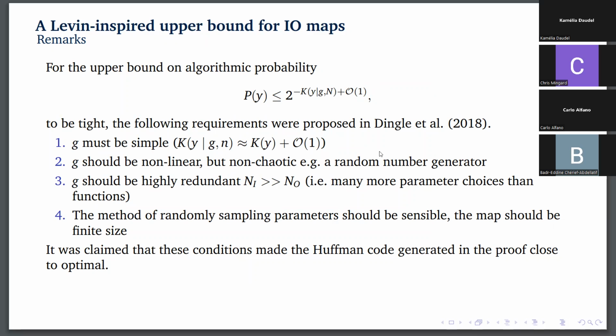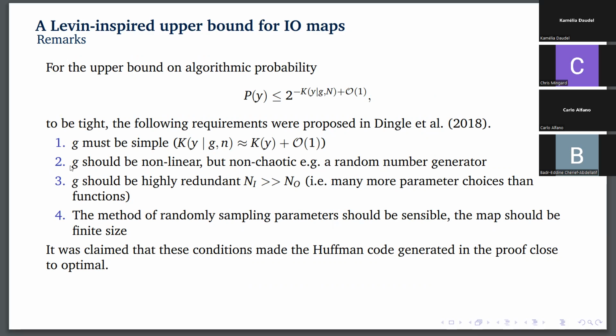But it should also not be chaotic, so a random number generator would generate pseudo-random, highly complex outputs. G should be highly redundant, so the number of parameter choices should be much, much greater than the number of possible functions. And the method of randomly sampling parameters should be sensible, so you're not allowed to just pick one parameter and only sample from one very small part of parameter space. And he evaluated loads and loads of different maps, not just neural networks.